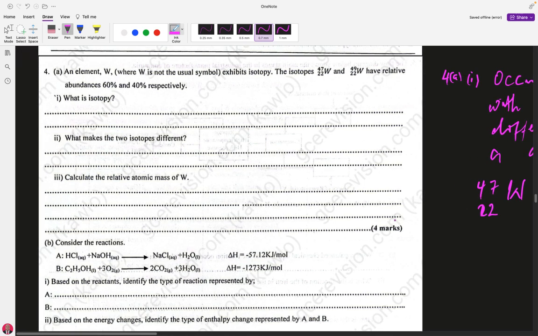The second one: what makes the two isotopes different? We have already answered it.